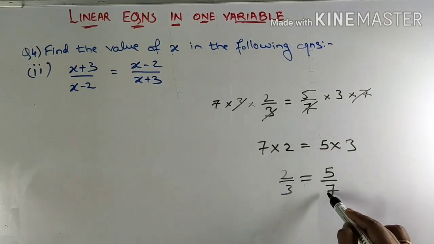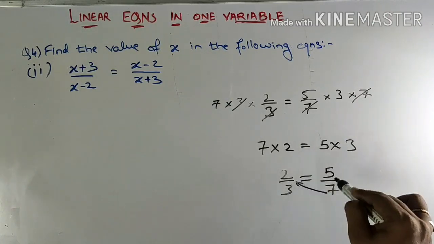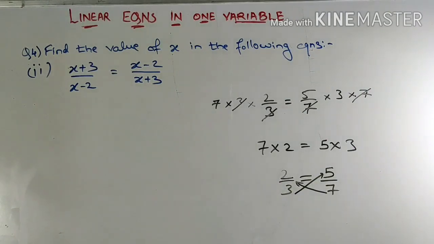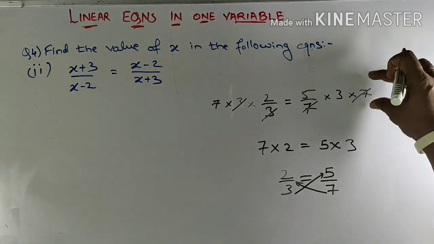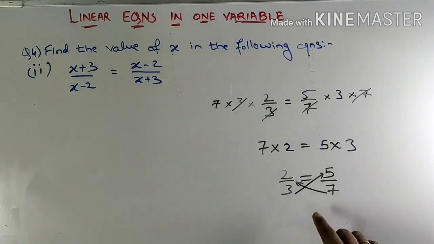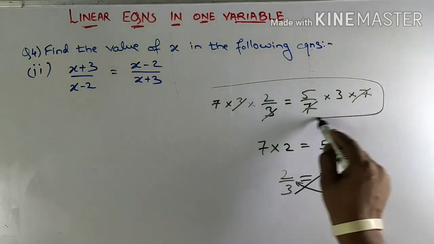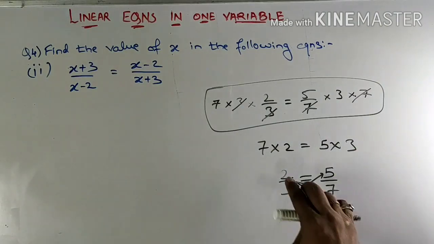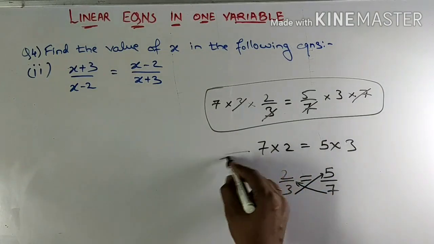When I see this, I feel as if it is cross multiplied. So 7 into 2 and 3 into 5. By following your mathematical operational rules, you get this, which can also be stated, to simplify my work, as cross multiplied. So I may use this word cross multiplied, but then you mean that we have done all this mathematical operation and then we have reached this step.